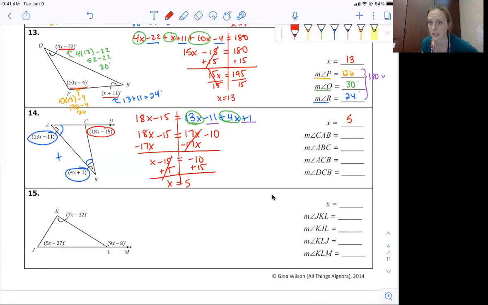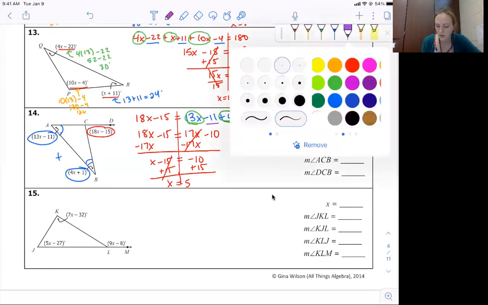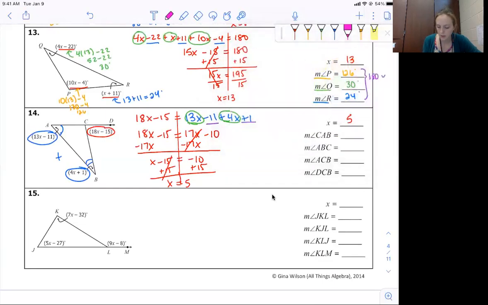Notice I have a big list of angles to find. So I'm going to have to plug in, starting with angle CAB. CAB is this angle right here. Remember, A is the vertex. So I'm going to plug it in right here. And x is 5.